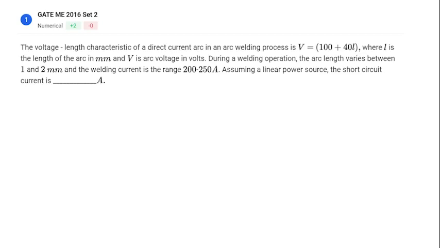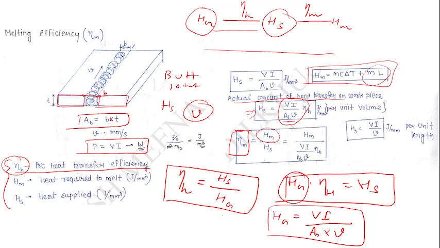Now try to solve this question. Ma'am, one thing on that equation, where is the T? It should be VIT, no? H equal to VI by AB into V. Last equation, this one.